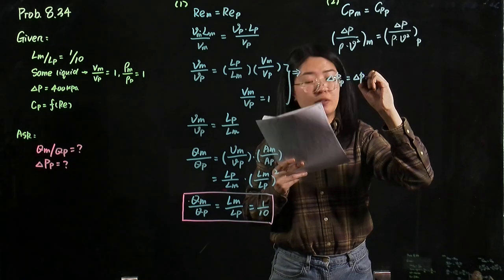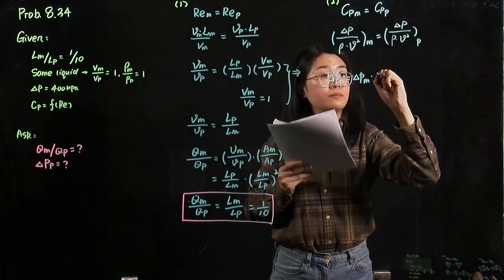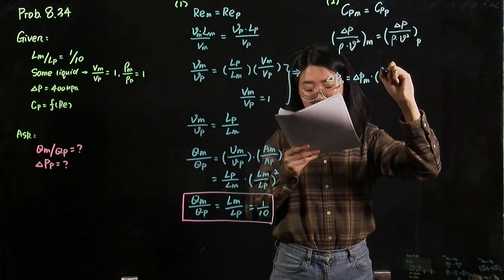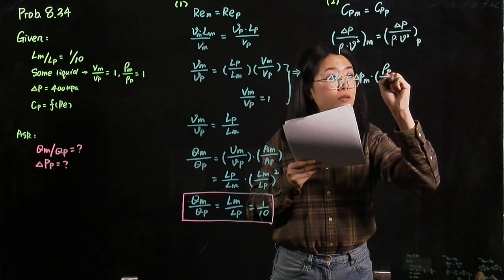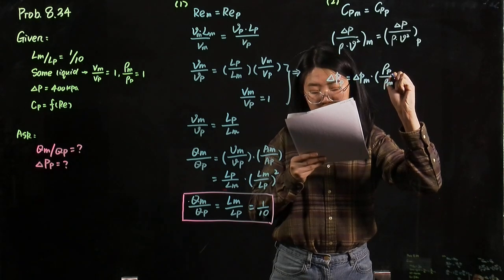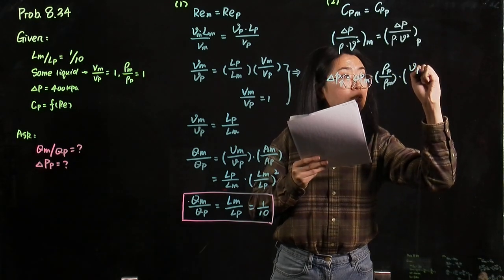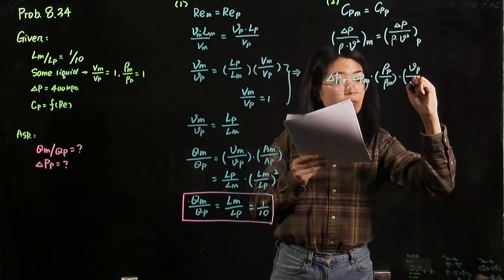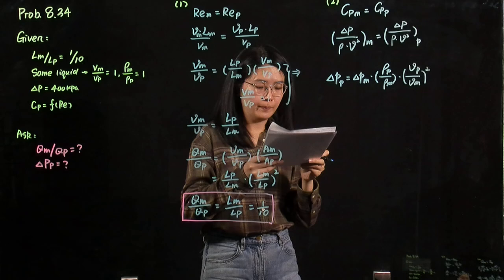delta P sub m times the density ratio times the velocity ratio to the power of 2.